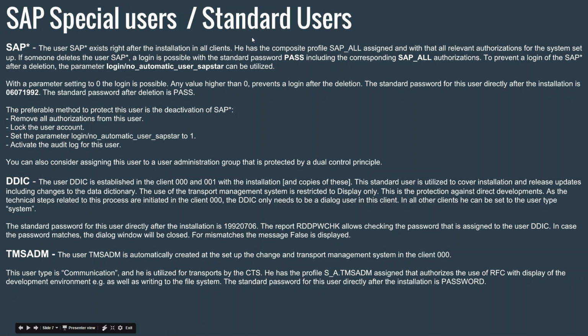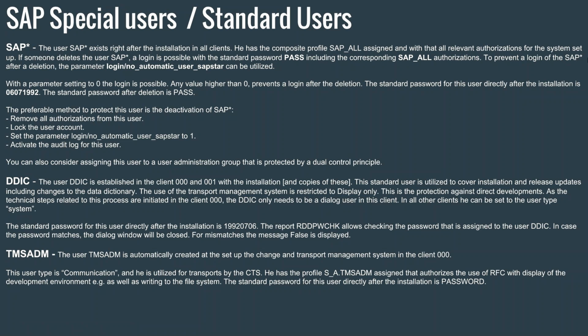This user type is communications, and it is utilized for transports by the CTS. It has the profile S_TMSADM, an assignment that authorizes the use of RFC with display of the development environment. The standard password for this user directly after the installation is "password" itself.